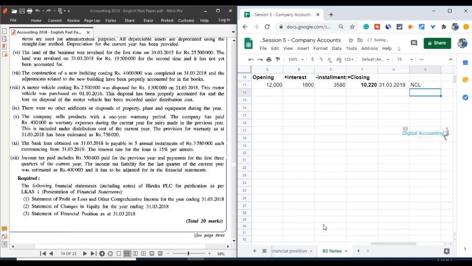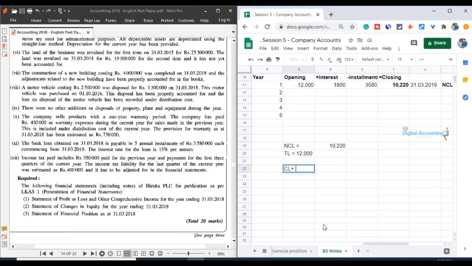So that is a non-current liability, because this 10,220 should be paid after 1 year, not within the 1 year. So bank loans, the company needs to provide a clear picture of how much we have to pay within 1 year and after 1 year. We have calculated our non-current liability is 10,220 and the total liability is 12,000.